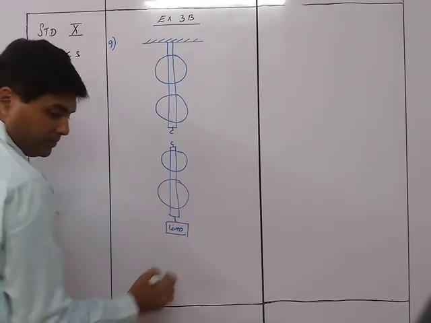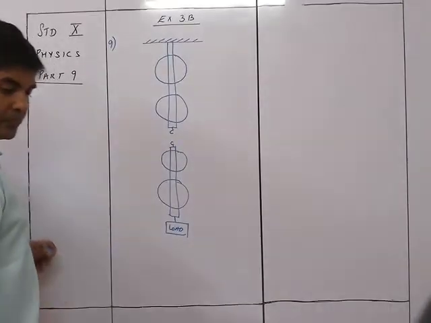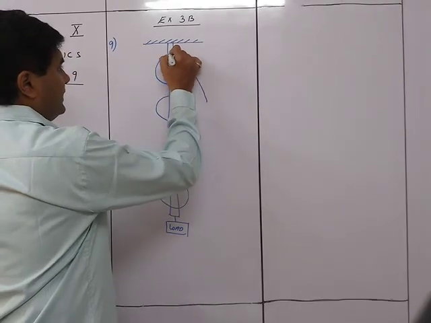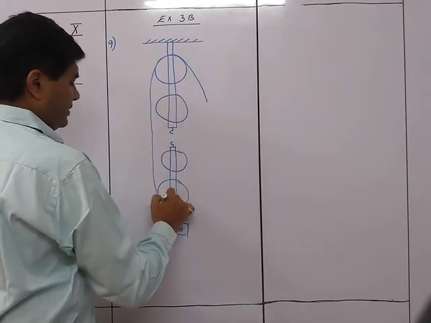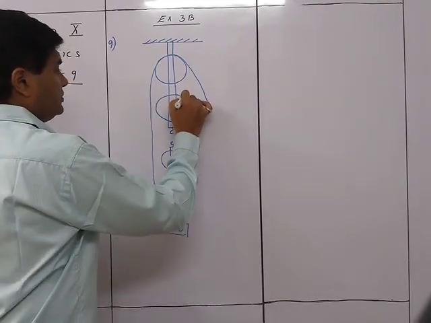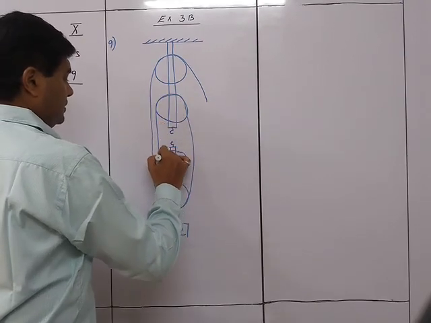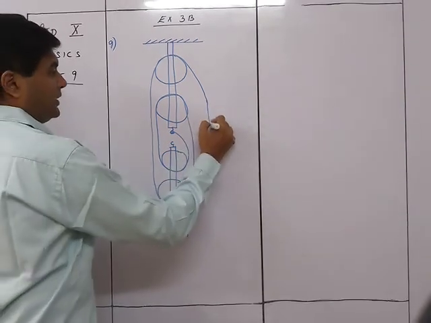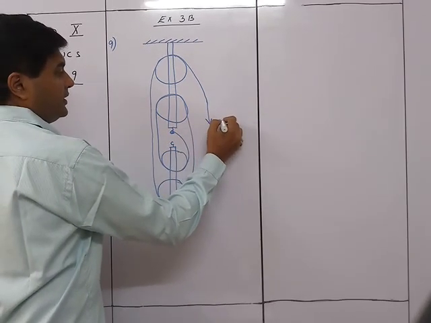Drawing of the load is very important. They are given that the effort is applied downwards, so that's why we are connecting it in this form. We're starting here, it goes here, then goes here, and then it connects here. So over here is the effort in the downward direction.